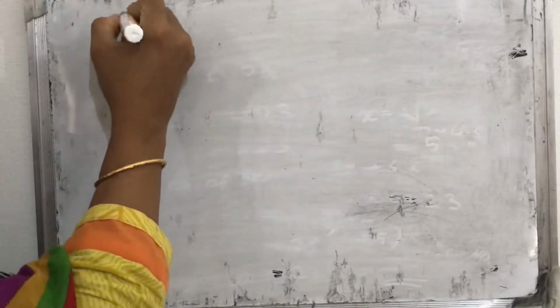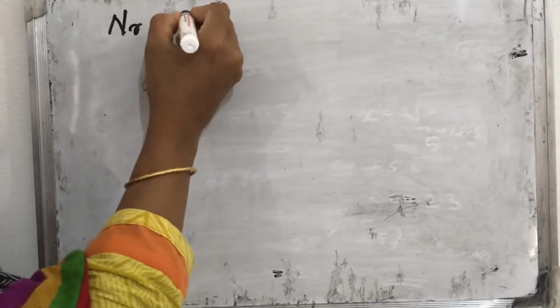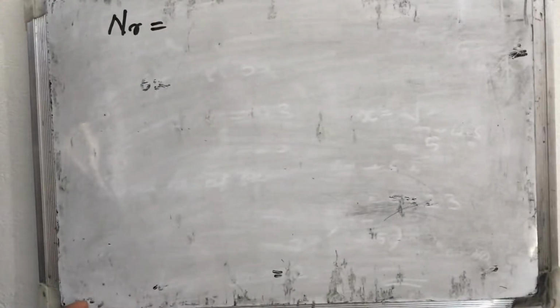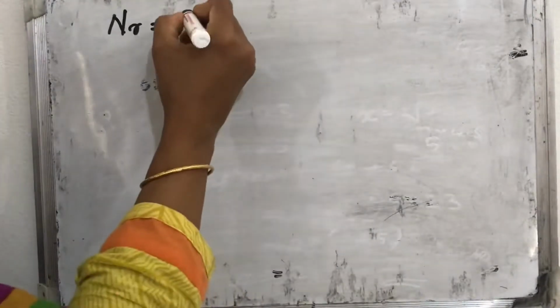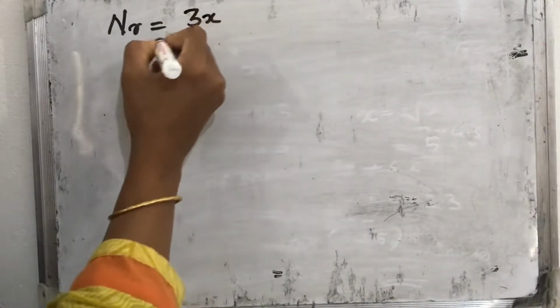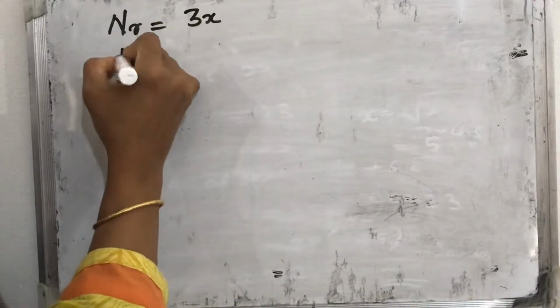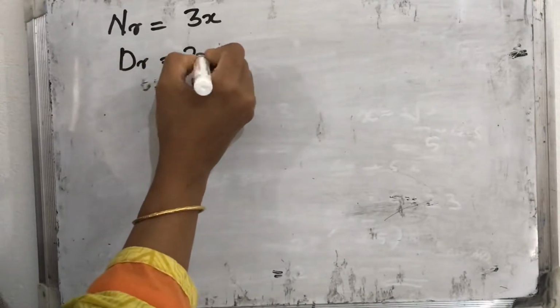Clear the question? The ratio of the numerator to the denominator is given as 3:2. So the numerator we can take as 3x, and the denominator we can take as 2x.